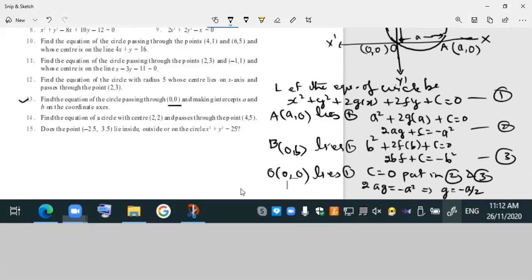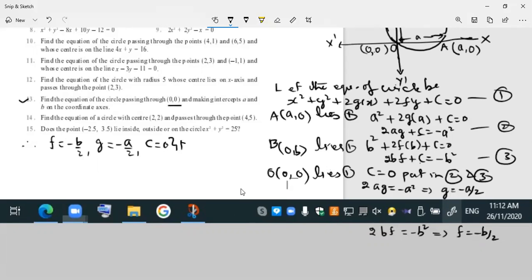Similarly, when you put c is equal to 0 in equation number 3, you will get 2bf is equal to minus b square, and f will be equal to minus b by 2. Therefore, we got f is equal to minus b by 2, g is equal to minus a by 2, and c is equal to 0.